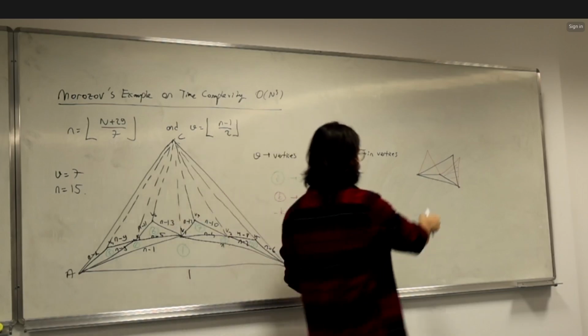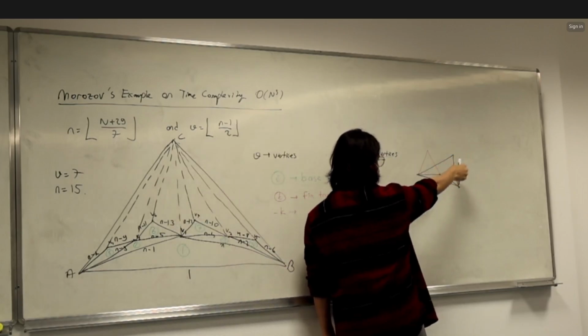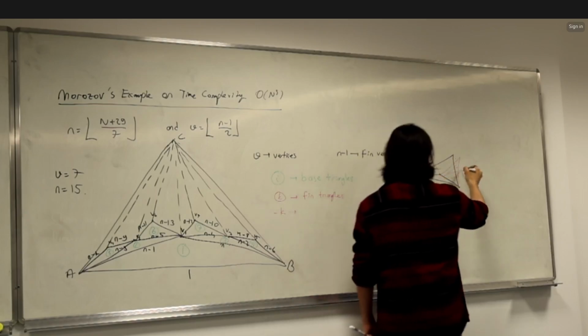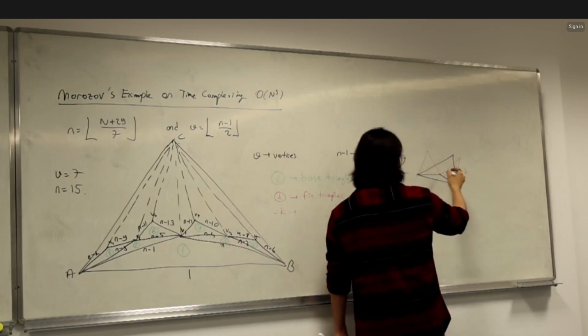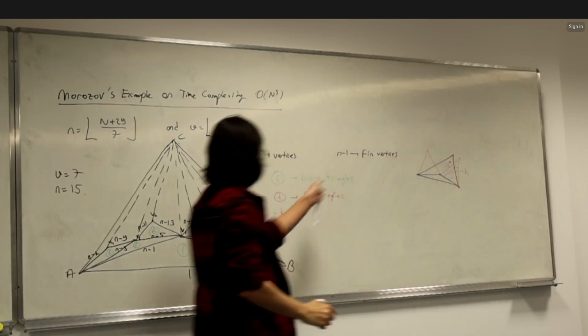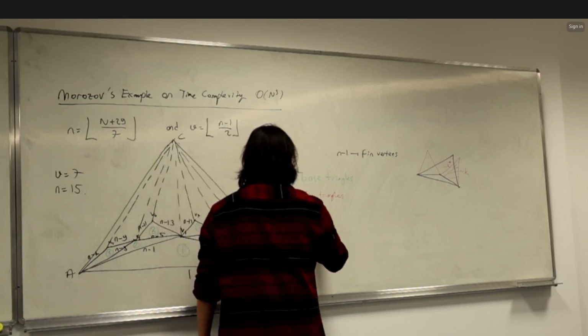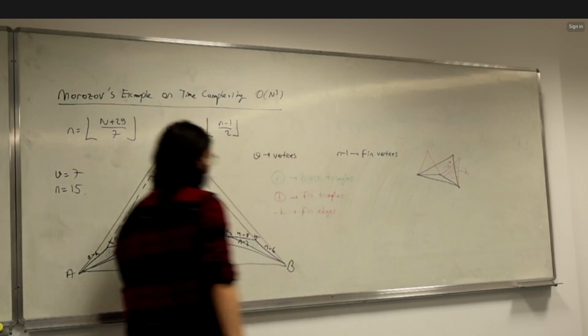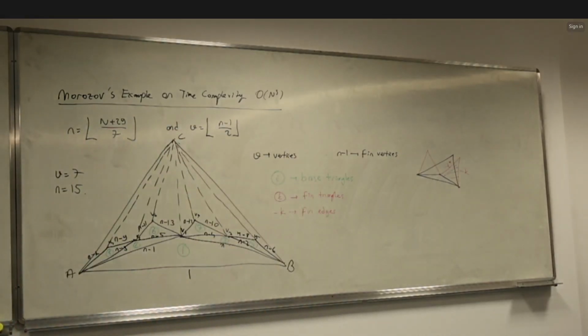Since this fin triangle has 2 other edges, except for this one, we denote one of them with minus k, and the other with minus k star. So when I say minus k, it will be a fin edge, one of the fin edges. It doesn't matter which one, just one of them.